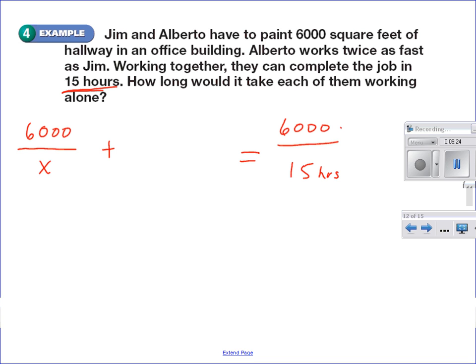Actually, I'm going to call that the time it takes Alberto. He's quick, right? If he did it by himself, it'd take him a certain amount of time. And then, well, our pokey boy Jim here, whatever it took Alberto, it would take him twice that.